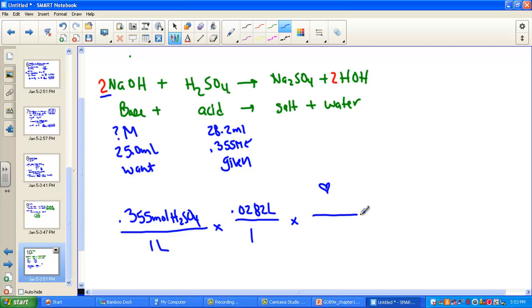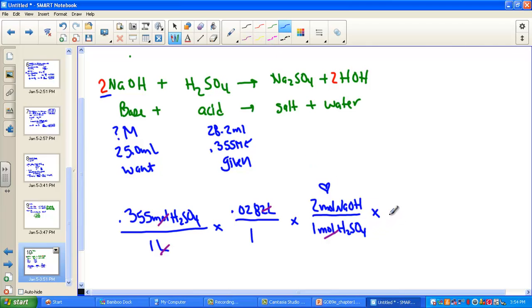The heart of our problem says for every 2 moles of base, sodium hydroxide, it requires 1 mole of acid, H2SO4, a want over given ratio. Notice what's happened so far. Step 1, liters canceled. Step 2, moles of acid have canceled.